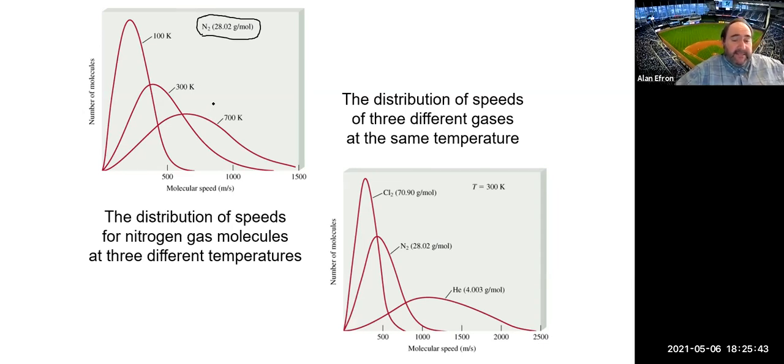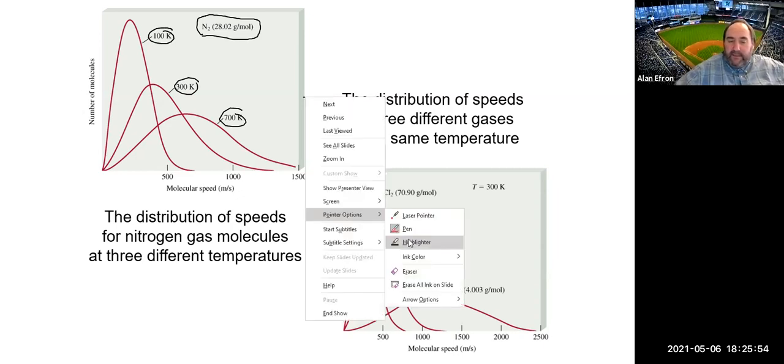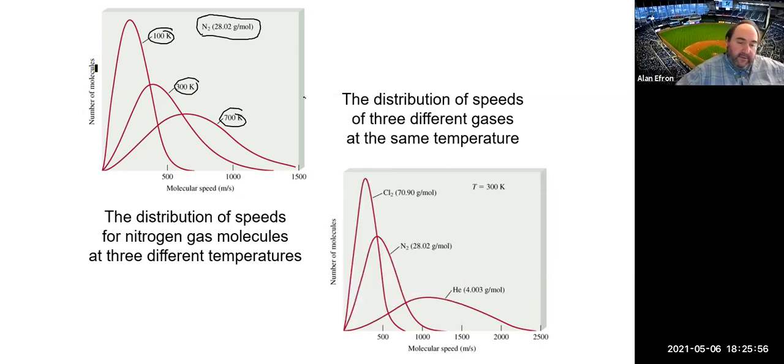And we have nitrogen gas at some different temperatures. So we have nitrogen gas at 100 Kelvin, 300 Kelvin, and 700 Kelvin. What we see on the left is the number of molecules, and we see the speed. If we go over the big part of the curve coming down, at 100 Kelvin, most of the molecules are basically in this range.